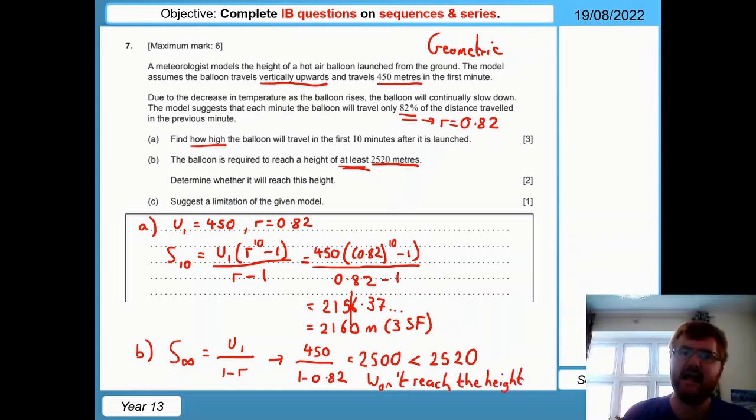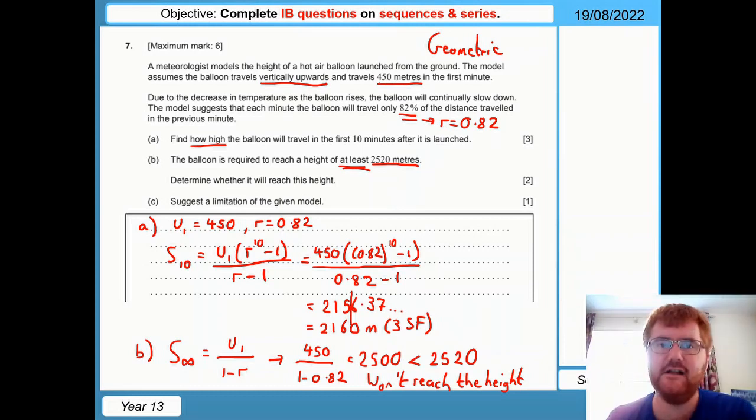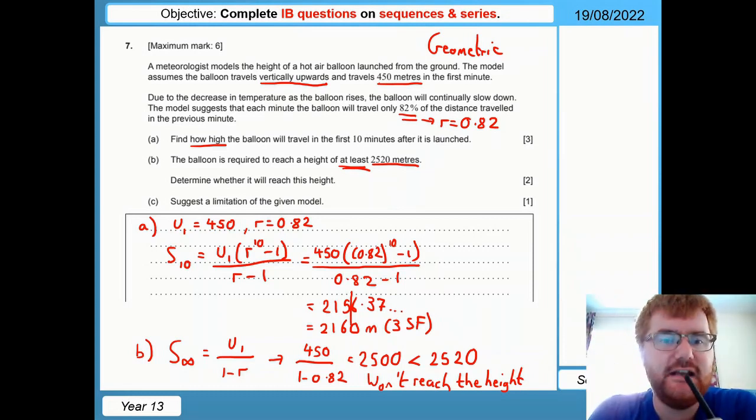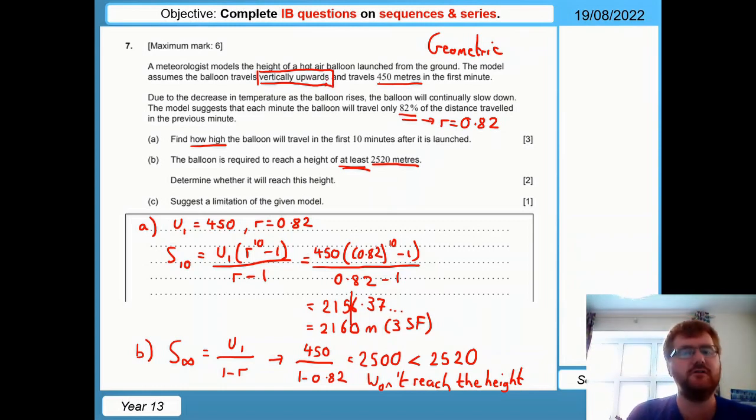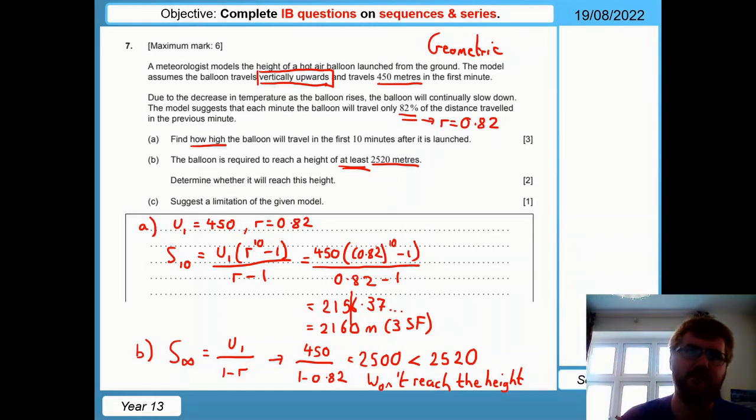And lastly, I did underline this earlier in the question, suggest a limitation of the given model. Now notice we assumed right at the beginning that it's going vertically upwards, but we know of course with hot air balloons that there's going to be some horizontal effect as well, and that's not going to stay consistent. So the wind is going to increase and decrease, so it's not always going to have that same horizontal effect.